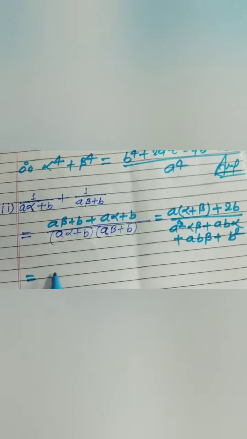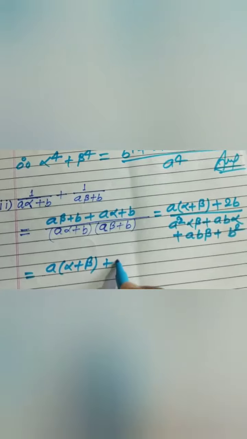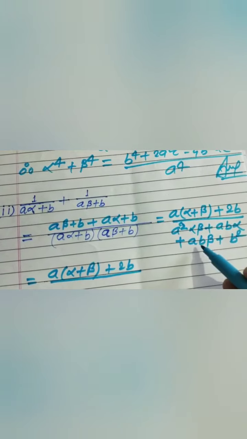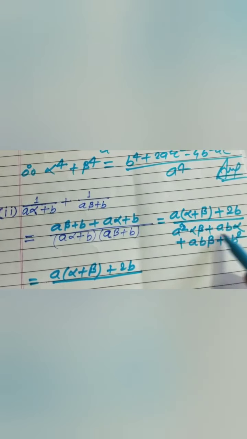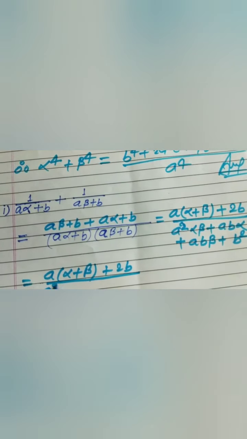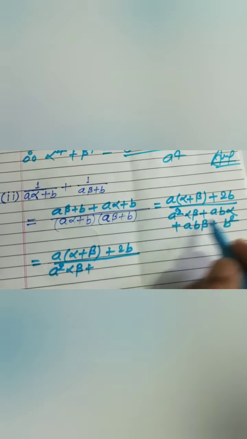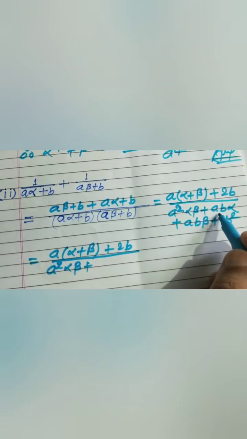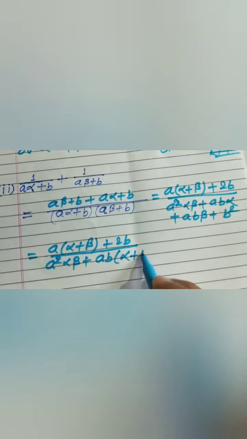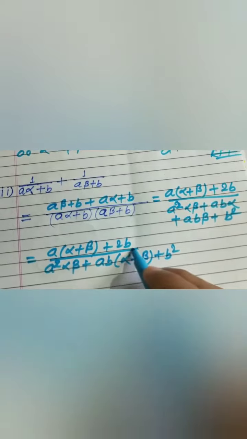Then we have A into alpha plus beta plus 2B in numerator, and in denominator we have A square alpha beta plus AB is common in both these two terms, so take common AB, then in bracket there will be alpha plus beta plus B square.